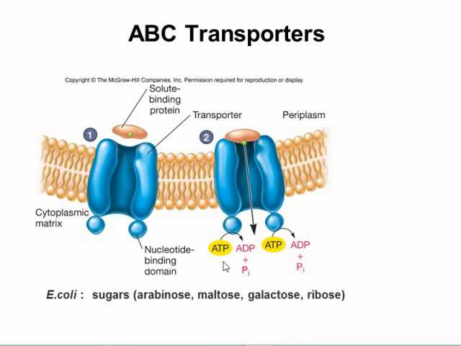So in E. coli, some sugars are taken up by this system, and many amino acids. Not glucose, okay? Glucose is group transport, as we'll see. But rather unusual, rarer sugars, maltose. But amino acids, think about that, glutamate, histidine, leucine.